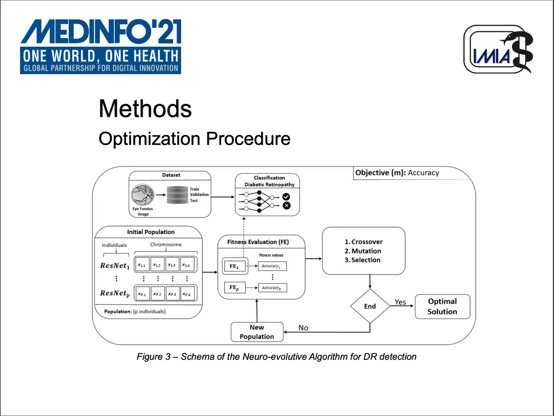The optimization procedure is presented. We start off from a random initial population consisting of different neural networks with different hyperparameters. Each individual is then subjected to a fitness evaluation. This is obtained from the accuracy performance of the classification.